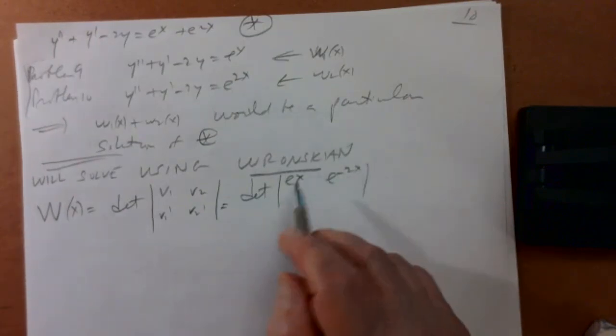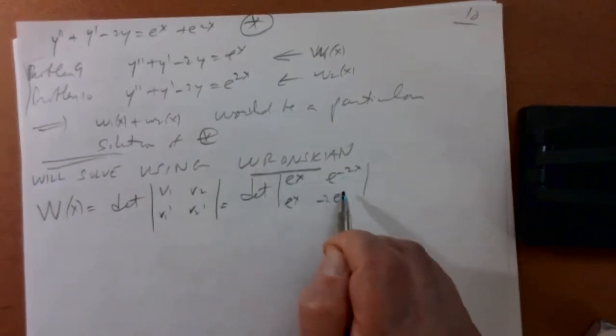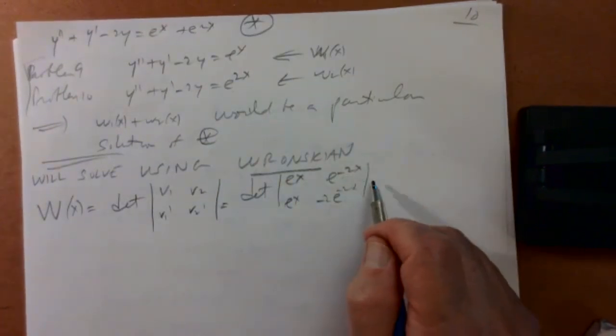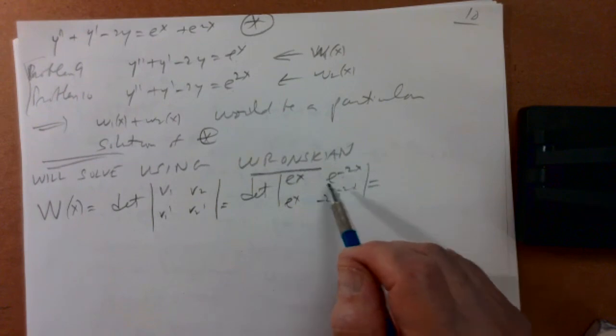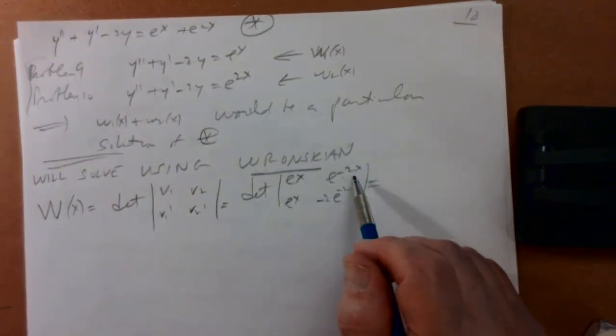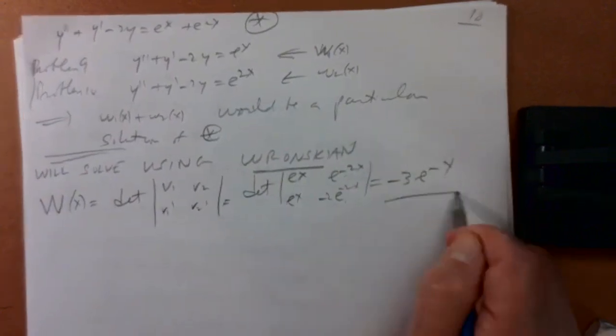The derivative of e to the x is e to the x. The derivative of e to the minus 2x is minus 2 e to the minus 2x. When I compute the determinant, I get minus 2 e to the minus x minus e to the minus x. This is minus 3 e to the minus x.